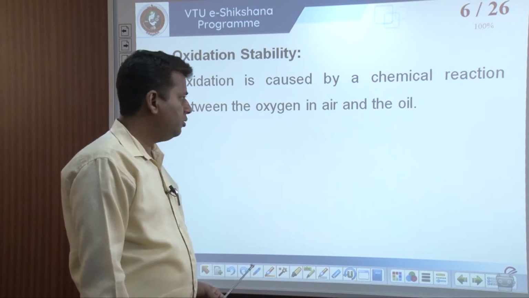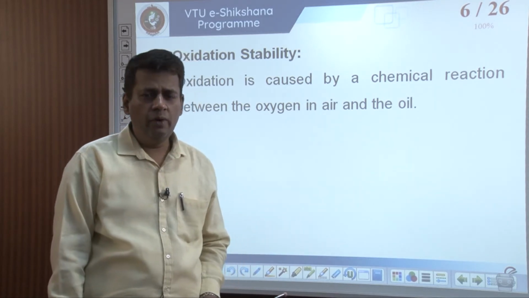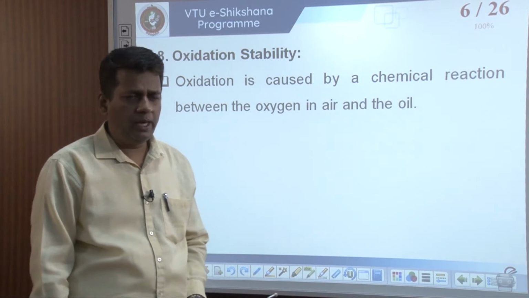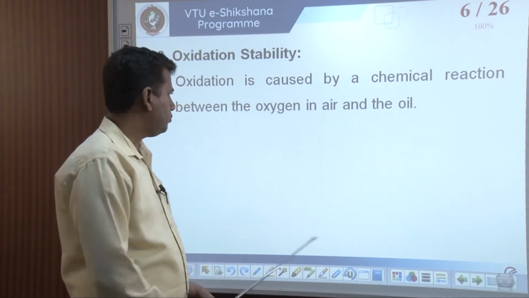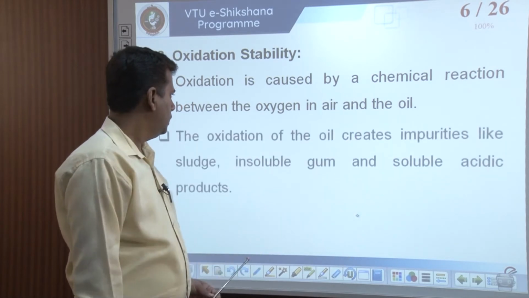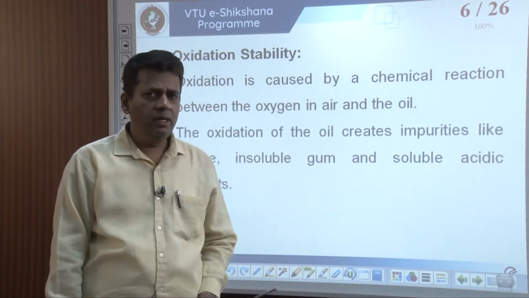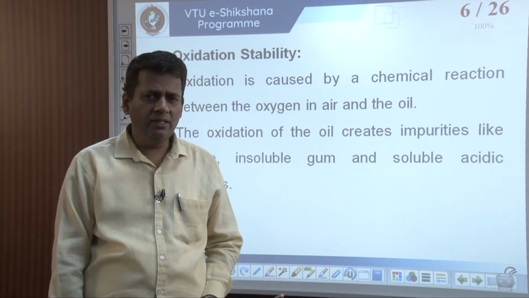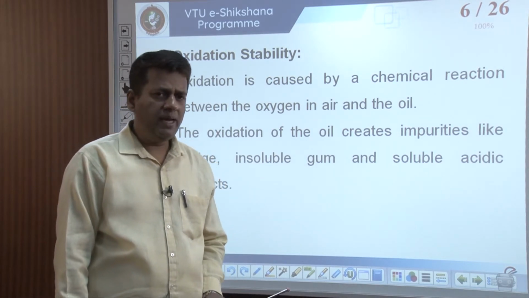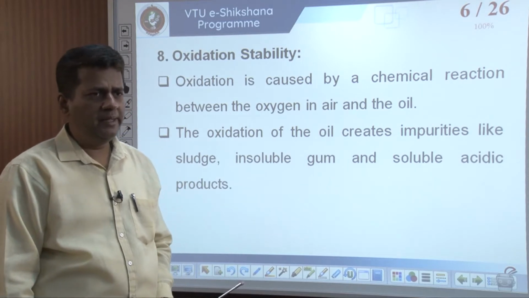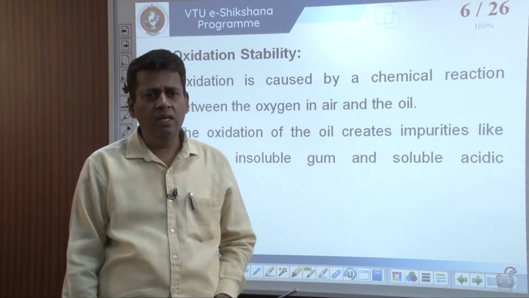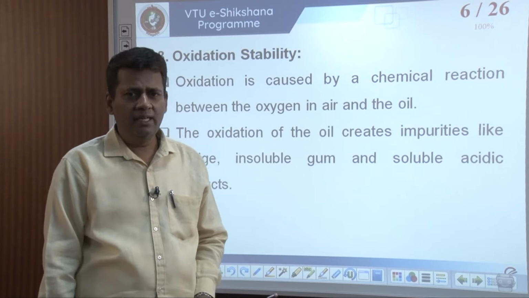So, we need to see that the given hydraulic fluid, even if it is exposed to the atmosphere, remains inert for a longer period of time. The oxidation of this oil will result in impurities which are carried away along the pipelines and they may corrode the inner wall of the pipelines, and the efficiency of the intermediate components decreases.